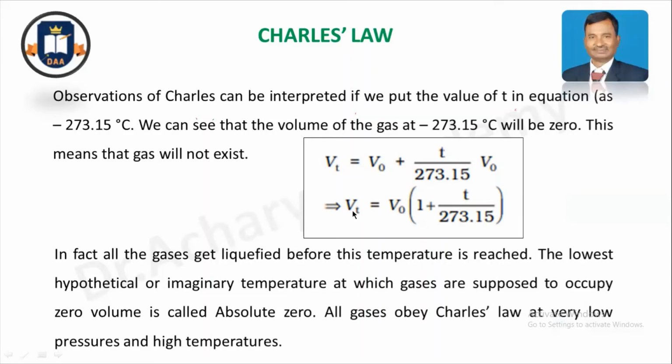That means the Vt at that particular temperature, minus 273.15 degrees centigrade, the volume is 0. The volume of 0 means that gas will not exist at that particular temperature.